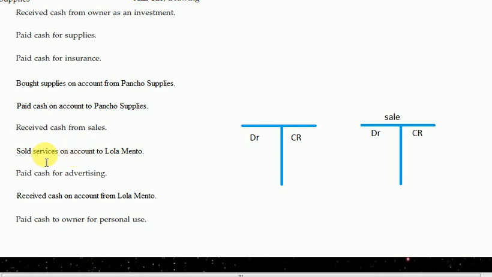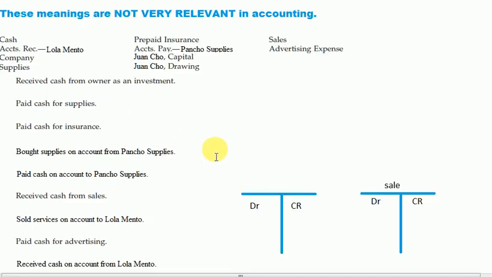When you sell service on account, you are not receiving cash, and people are owing you money. In this case, it's Lola Mento. Lola owes you money. So you have a debt in favor of you. That is account receivable.